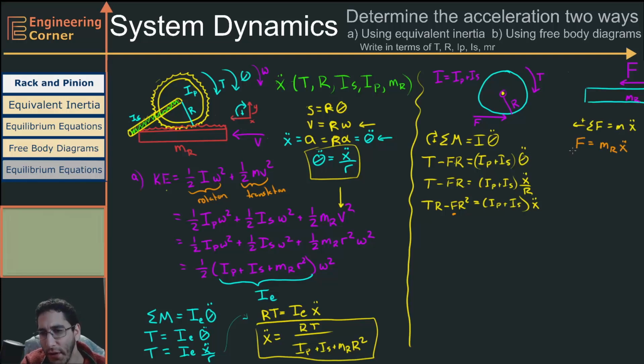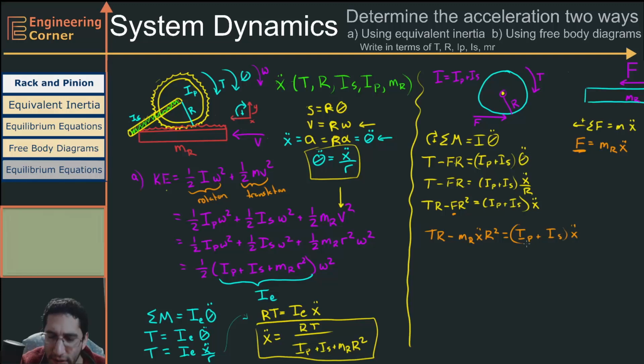So now we have an equation for F that we can plug in right here. When we plug that in, we get TR minus MR x double dot R squared is equal to IP plus IS x double dot.